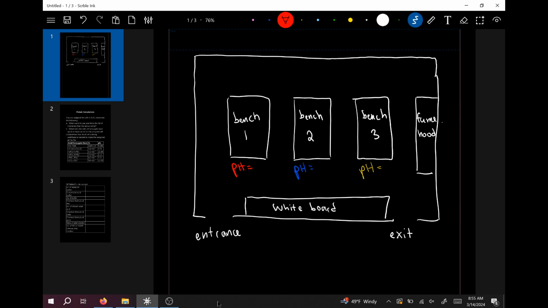So what I'm going to do here is I'm going to assign some pH values. I have 3. So the first pH value, if you're closest to the entrance, that is the pH that I'm going to write down in red here, your assigned pH is 4.35.